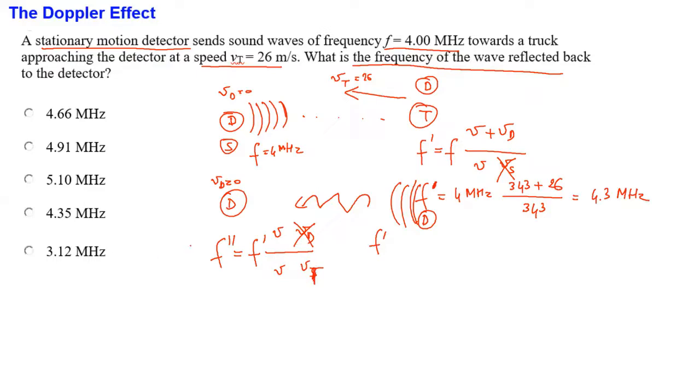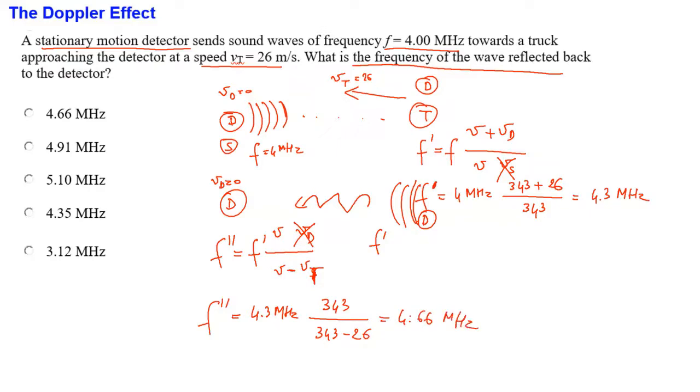So will it be a plus or minus? Of course, it will be a minus because he wants to increase it. So F double prime will be F prime, which is 4.3 megahertz, times 343 over (343 minus 26). You do this and you get 4.66 megahertz.